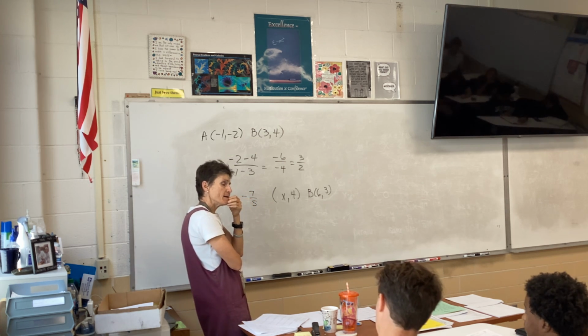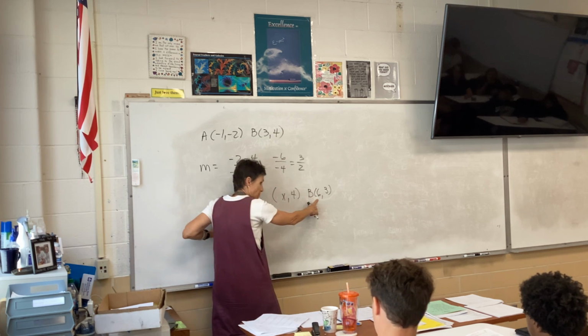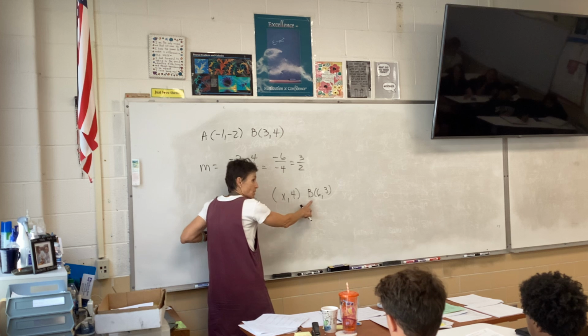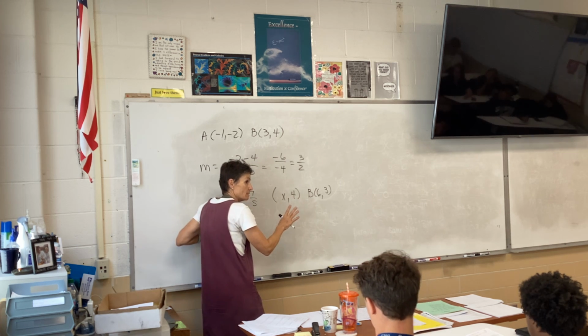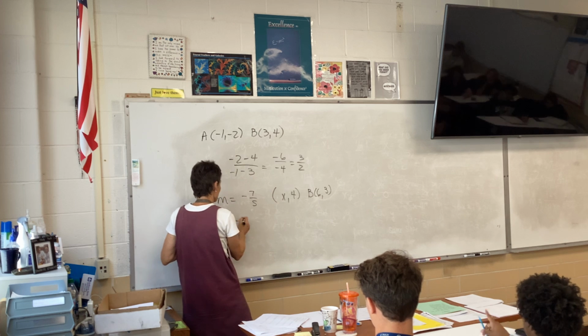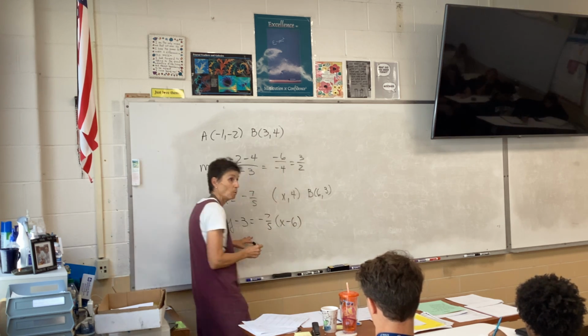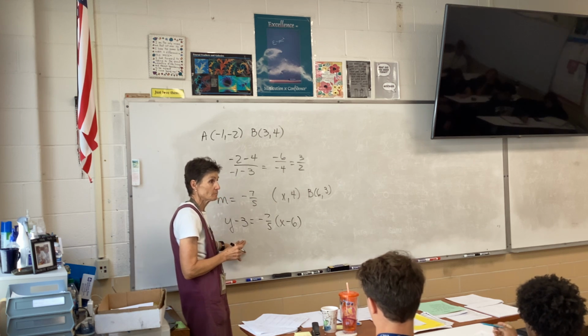Peter said he was going to use this slope and this point and write the equation of the line, which you can do, right? I mean, y minus 3 equals negative 7/5, x minus 6. That would be the point slope form of the line.